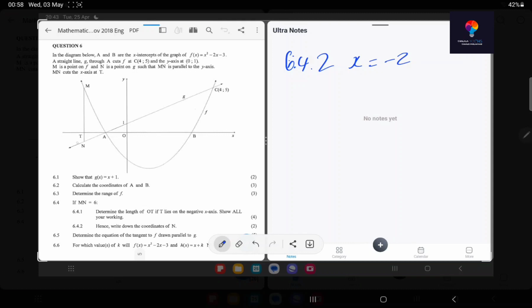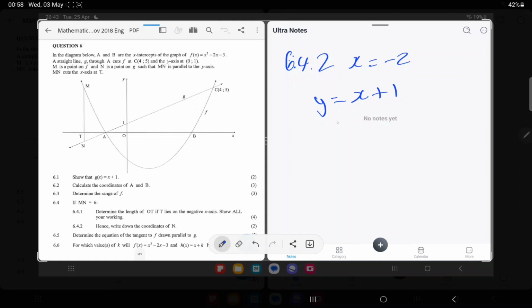Therefore, because N is a point on g, we're just going to take the graph of g, y equals x plus 1.